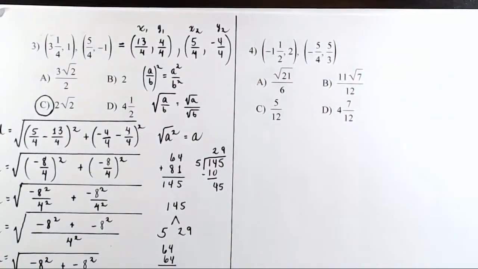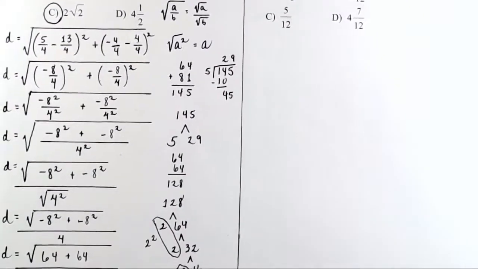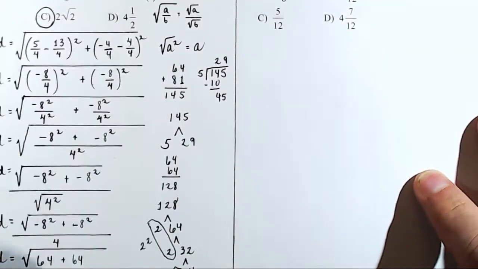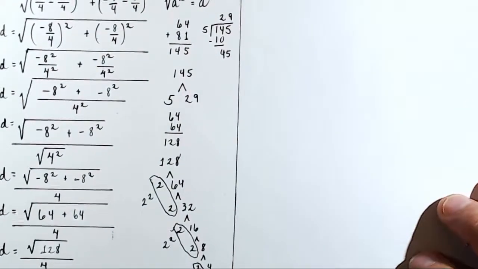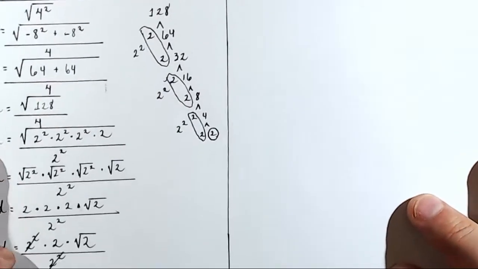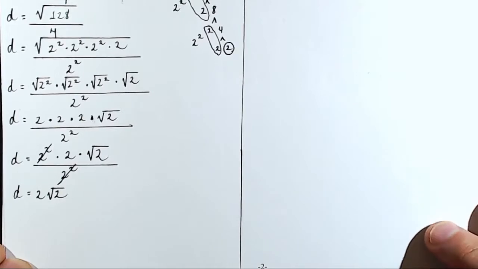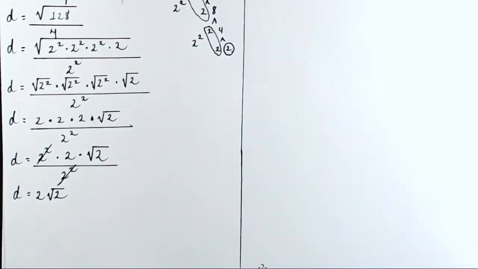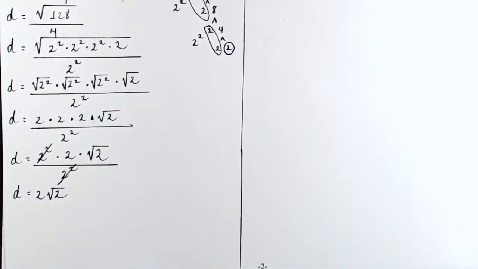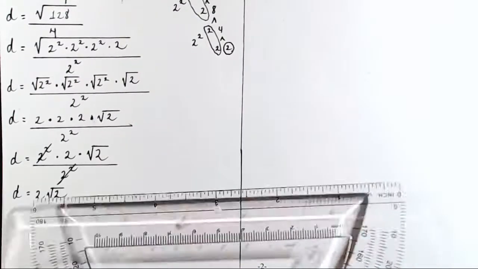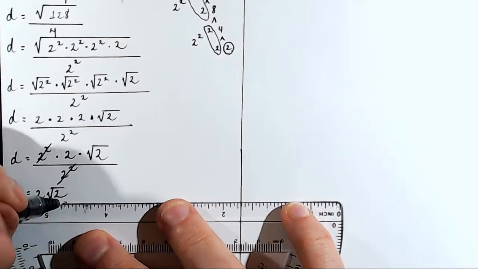I made a mistake. But then I went back and corrected it with the correcting tape, and we got back on our feet. All right, so sorry for that error, but this is the process. You make a mistake, go back and fix it. Keep going. All right, and you get back to this nice simple 2 square root 2.